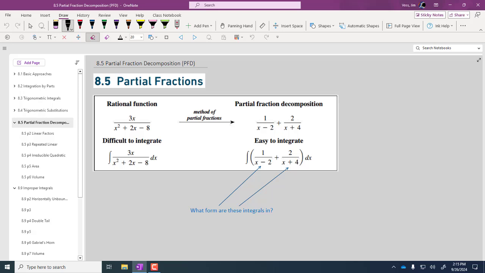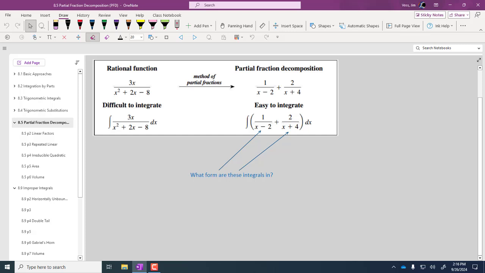Let's take a rational function and break it into these smaller fractions. We want to bust it down into fractions where the denominator is filled with linear expressions. So the decomposition is taking this quadratic and decomposing it into linear expressions. That's what the decomp means.